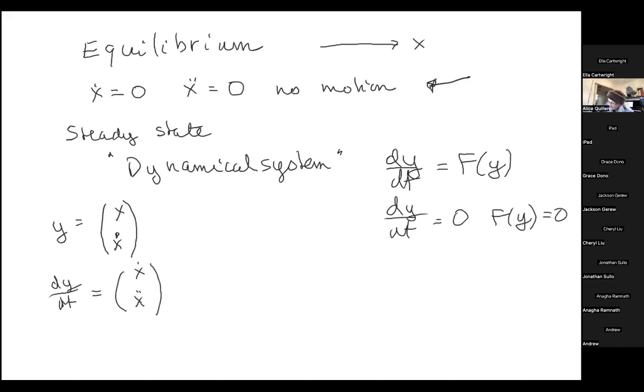And then we have a function of this vector. So this is position, and this is velocity, not acceleration. When I take the derivative of this vector, I get velocity and acceleration. And that means my function is a function of position and velocity.